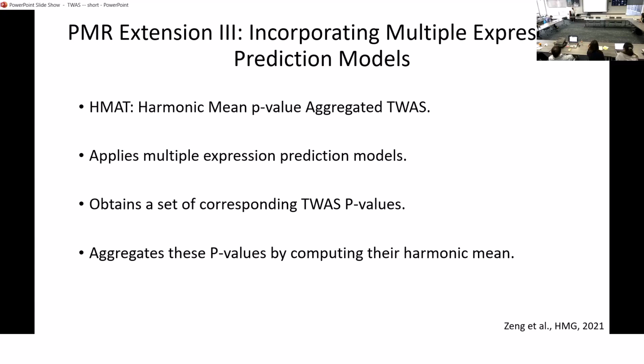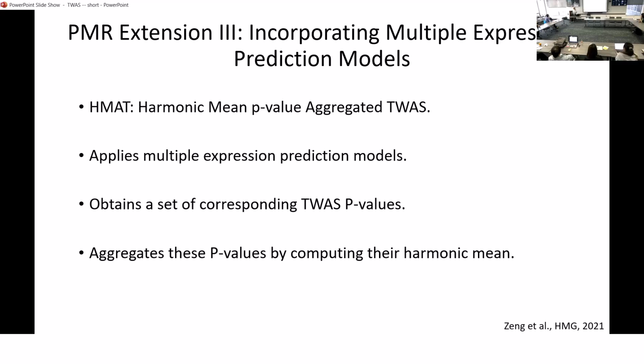Then we aggregate all the k p-values by computing their harmonic mean as the final p-value for your TWAS. That works pretty well. It accounts for the correlation structure among the p-values, it's very stable, the results are well behaved, and it gives you more power compared with using any single expression prediction model.